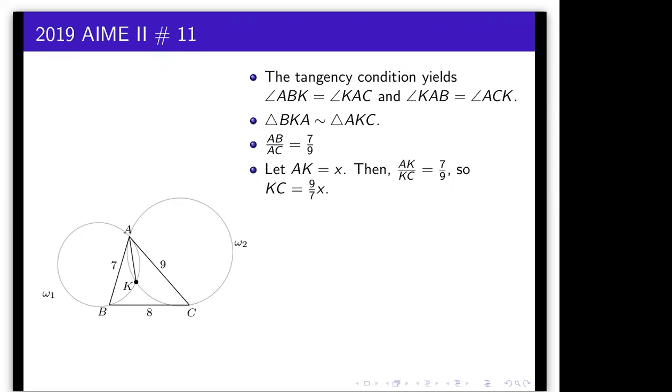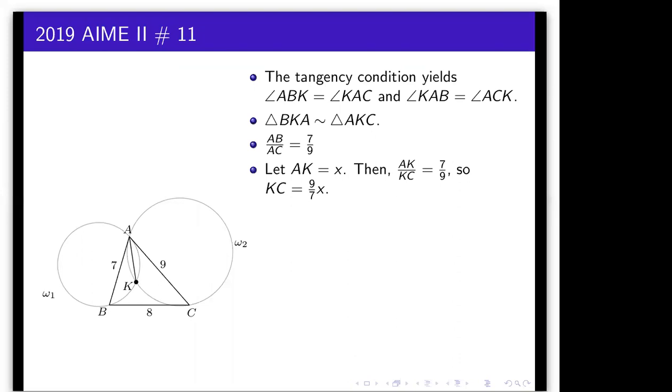Note that we have AK and KC both in terms of X. Yeah, so we have three of these sides of this triangle, but two of them are in terms of X. So if we had one of the cosines of the angles, we could apply the law of cosines and solve for the value of X. That's our main motivation here.